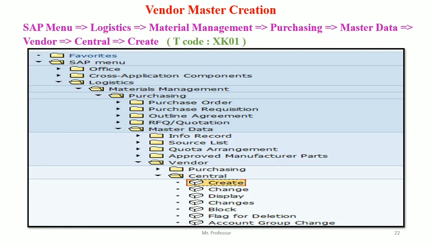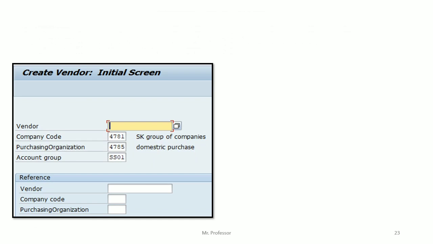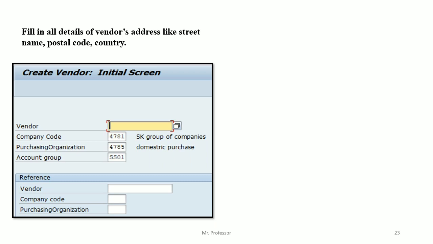Finally, select Create, or we can use T-code XK01. Now fill in the company code, purchasing organization, and account group. Then fill in all details of the vendor's address like street name, postal code, and country. Please check the procedure that I have shown.